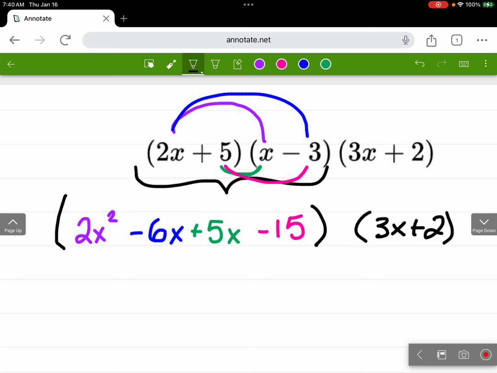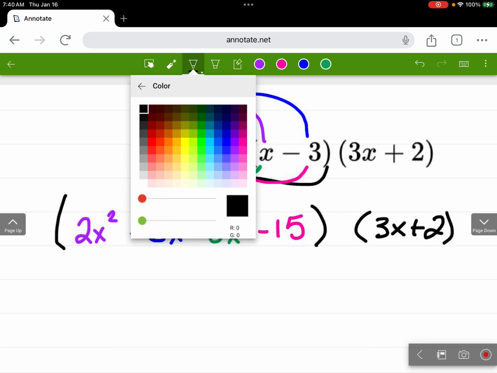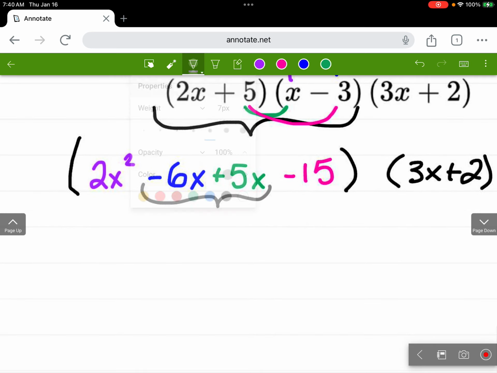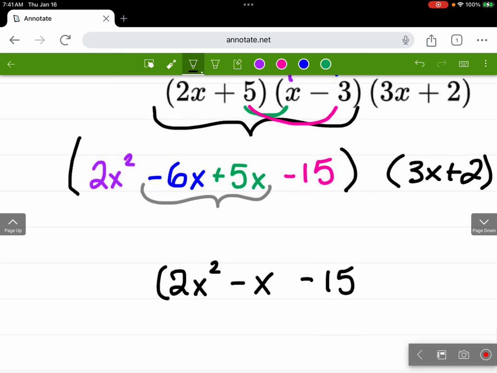And you could, if you wanted to, plow forward and go from here to do your next set of multiplication. But it will make your life easier if we combine our like terms on my x's, where I have my minus 6x plus 5x. So combining our like terms together, we're going to have our 2x squared minus x minus 15.